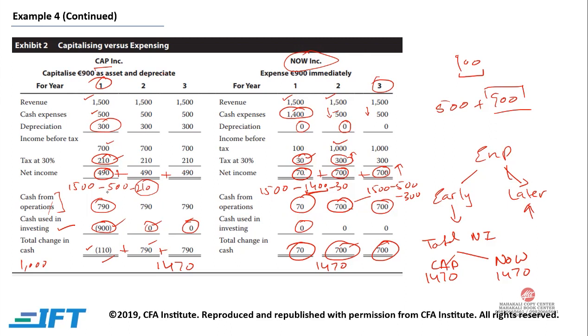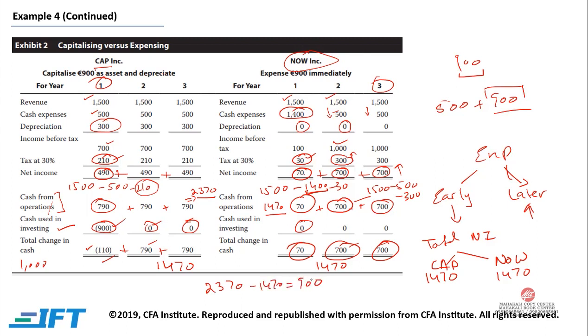So total cash flow from operation 790 plus 790 plus 790 equals 2370, and cash flow from operation over here is 1470, 700 plus 700 plus 70. The difference between 2370 and 1470 is 900. So 2370 minus 1470 equals 900.